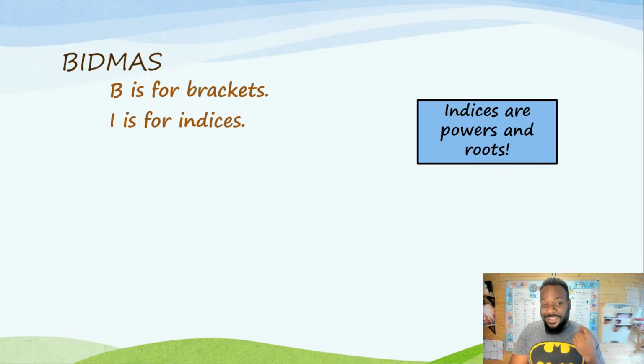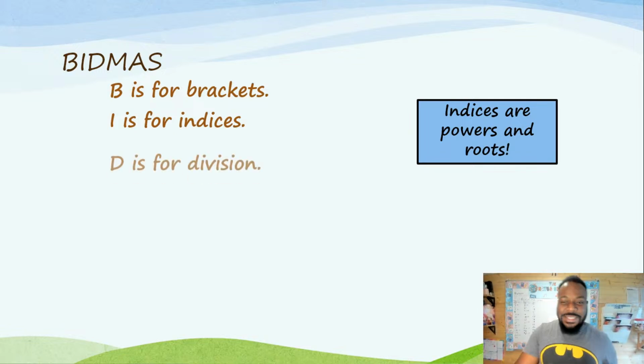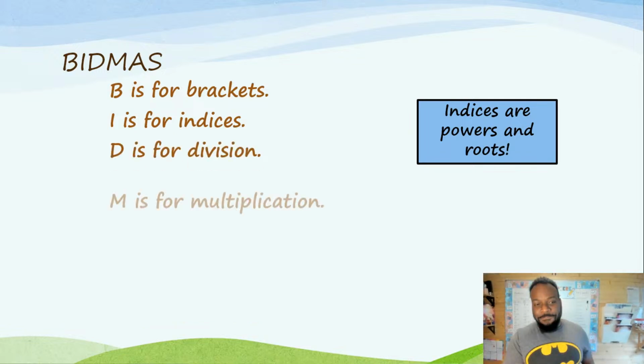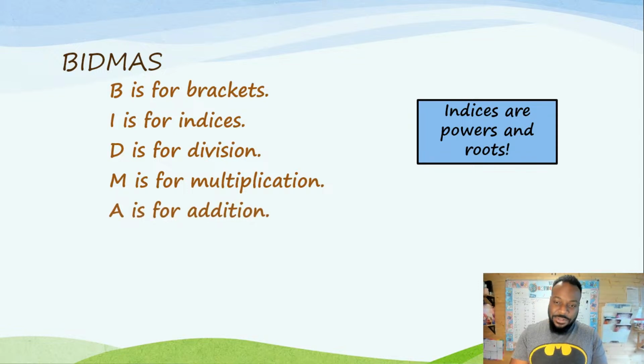We will look at inverting BIDMAS going forward at some point pretty soon as well, because you can go one way, but if we want to solve a formula or an equation, we have to reverse it. We'll deal with that as we move forward. Don't worry about it, we'll cover that ground. D is for division, M is for multiplication, A is for addition, S is for subtraction.